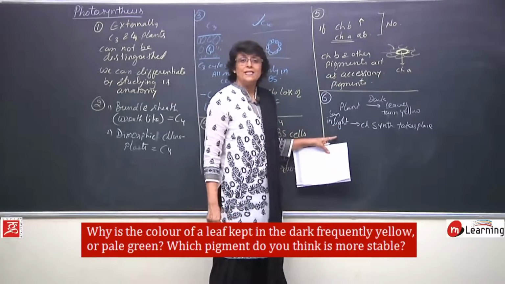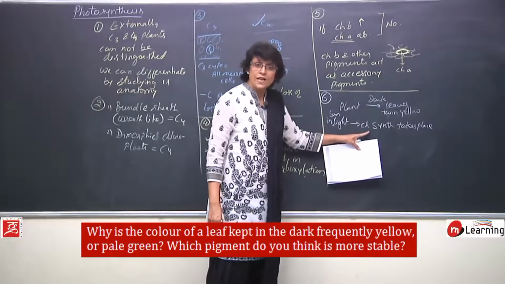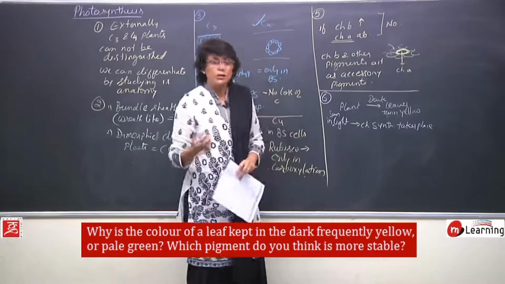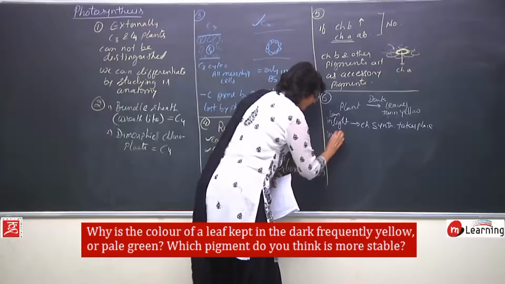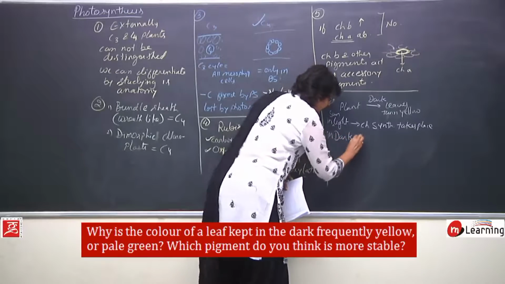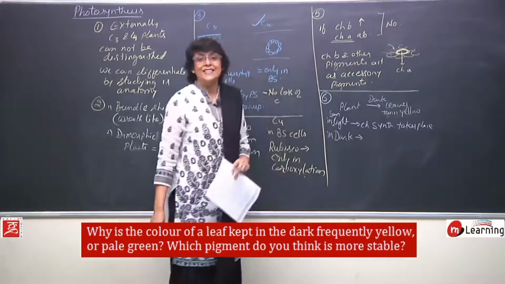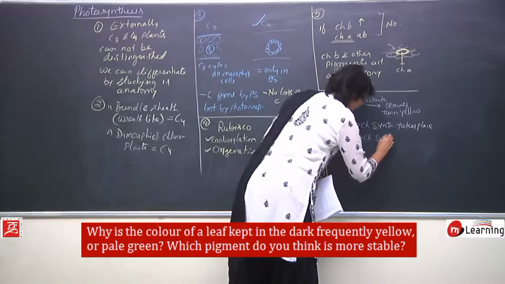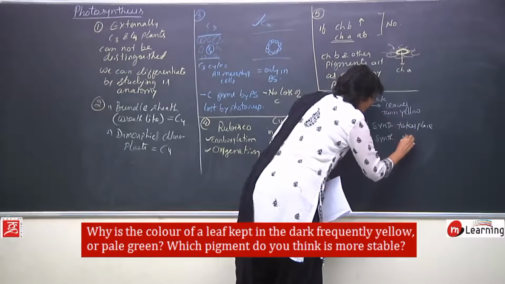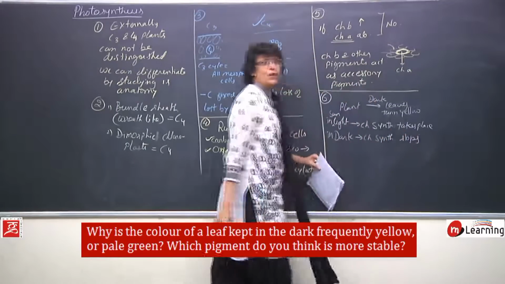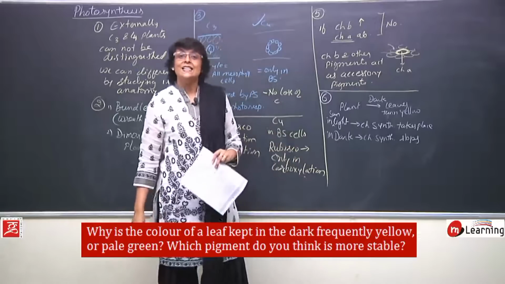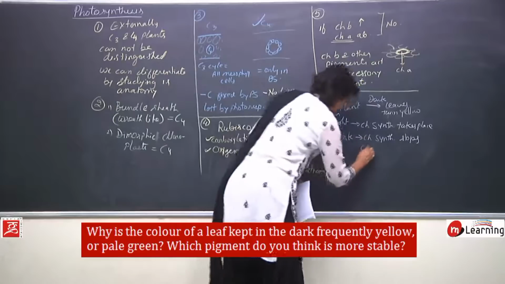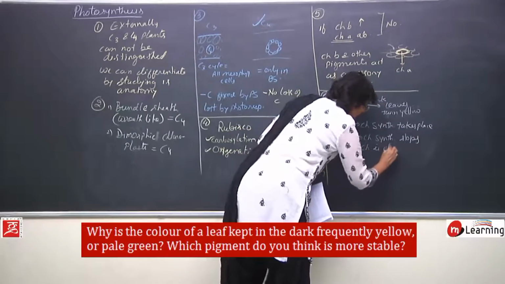So, if the plant is kept in light, it will synthesize chlorophyll and the leaf would look green. In dark, chlorophyll synthesis stops, and chlorophyll gets destroyed.